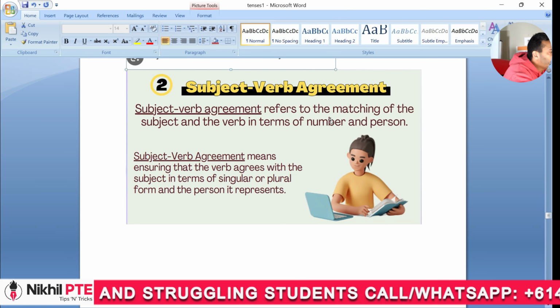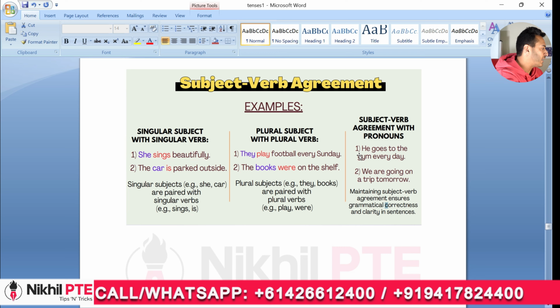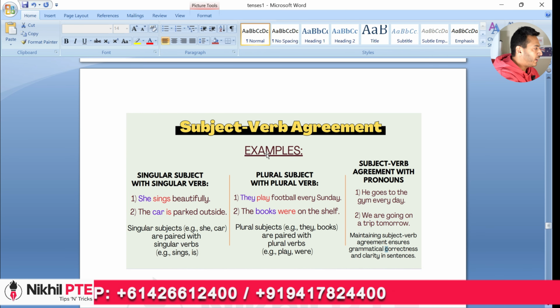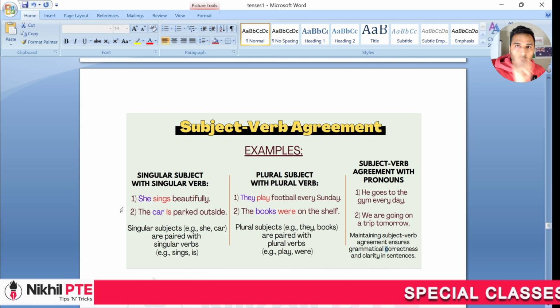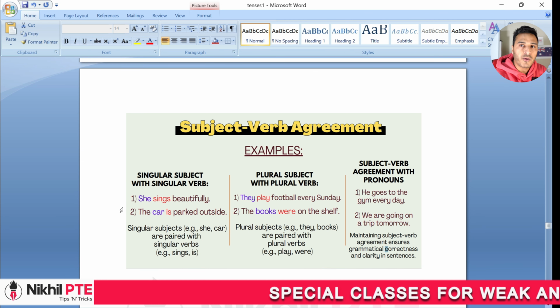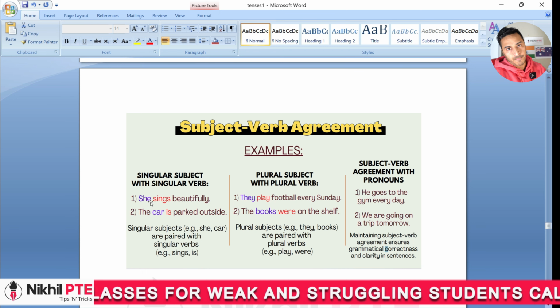So the term subject verb agreement is very important in the case of reorder paragraphs actually. So what is it actually? These are some examples. First example is singular subject with singular verb. Clear from its name: singular subject, only one subject. We are talking about only a single person. She sings beautifully.